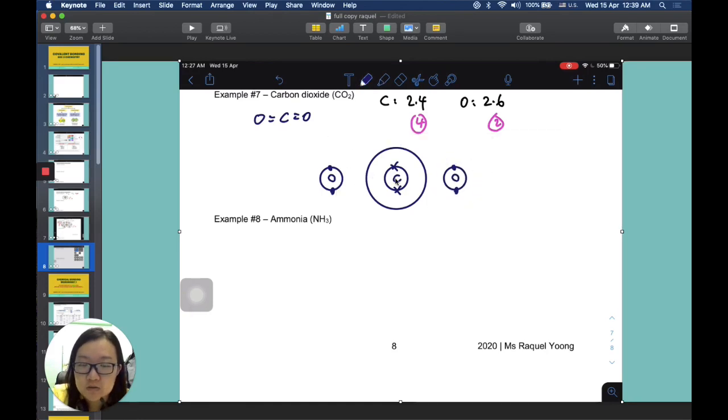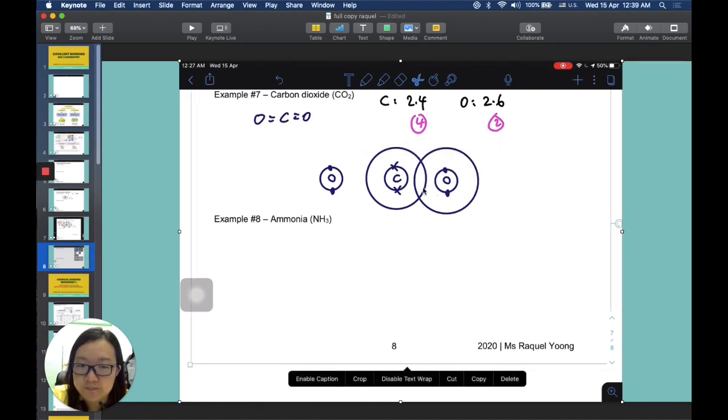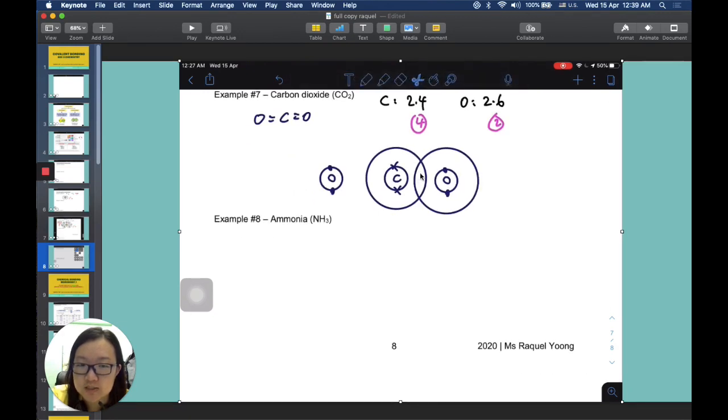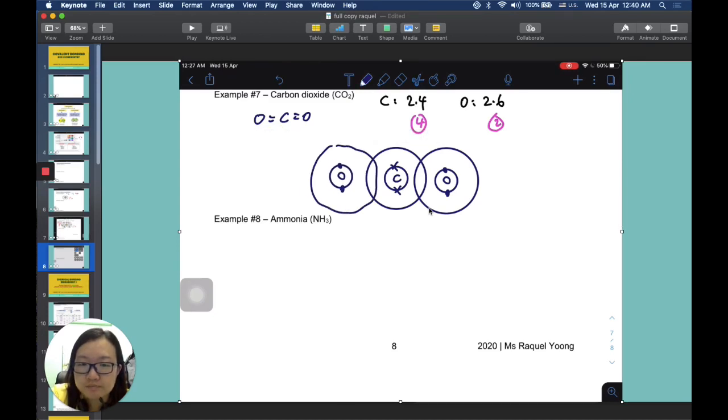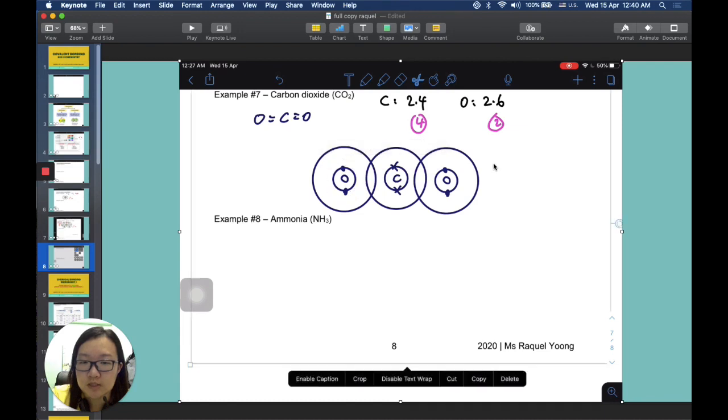As usual, I will draw the inner shells first because it's very straightforward. And then when you draw the outermost shell, make sure that you overlap the electron shells such that there's space for your shared electrons. So once your shells have been drawn, then you can go ahead and put in the electrons.